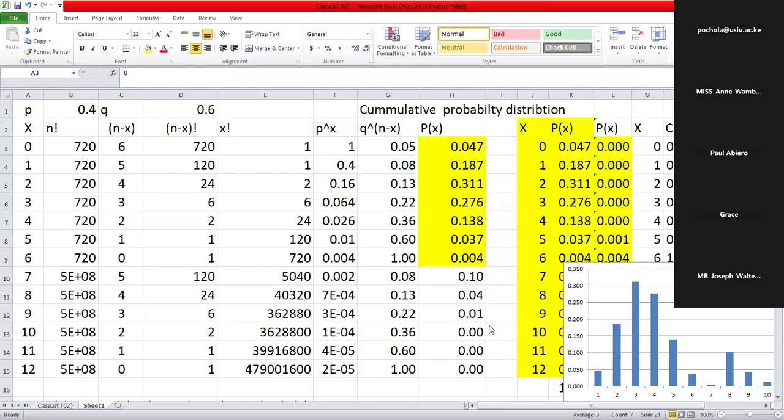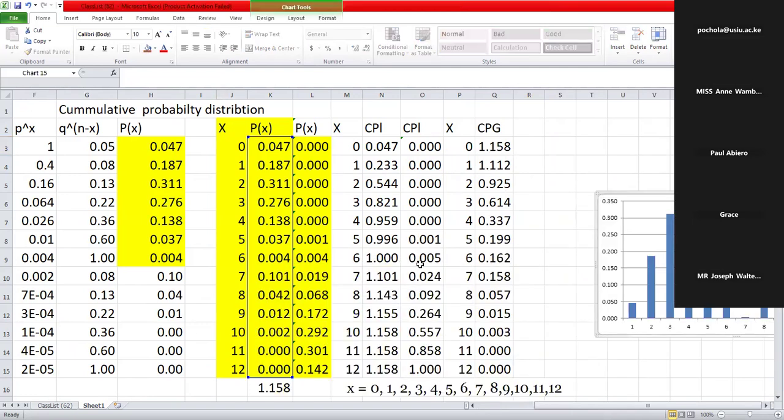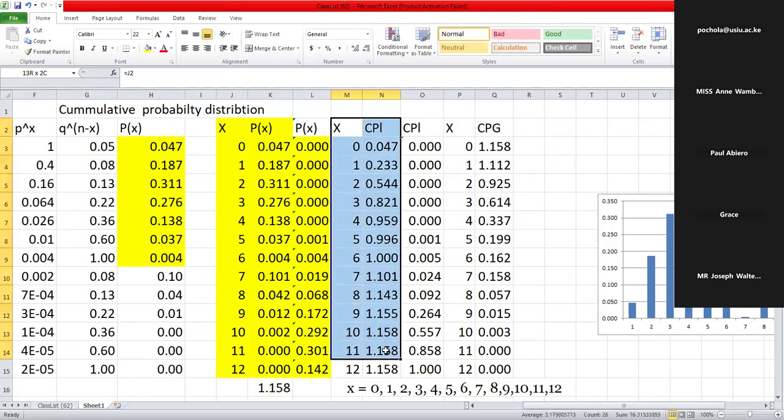Because Excel has these limitations, Excel can only give you this one here. Clear? That's what Excel can give you, nothing else.